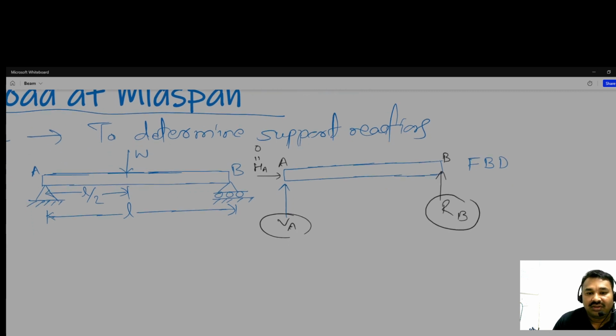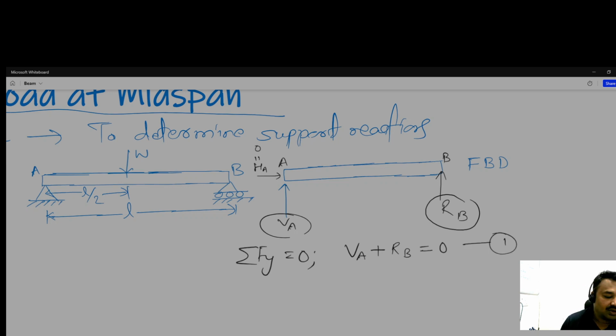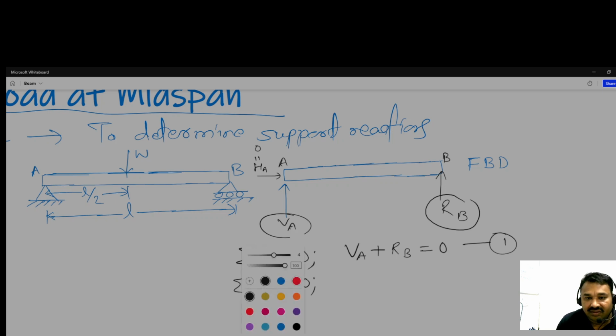So, satisfying the equilibrium conditions, summation of Fy is equal to 0. VA acts in the upward direction, that's why positive, RB acts in the upward direction, that's why positive, and the W load acts downward, so minus W, is equal to 0. Suppose we are taking moment about any point, either A or B you can take. One more thing I forgot, sorry: for the W we have to consider W at L by 2 distance.